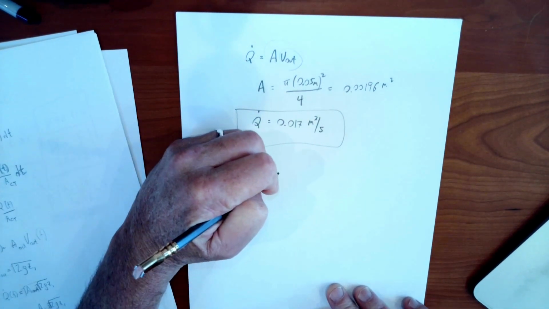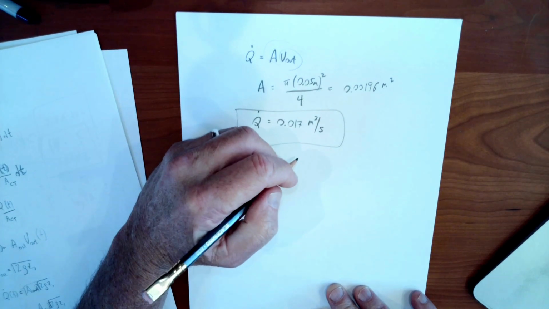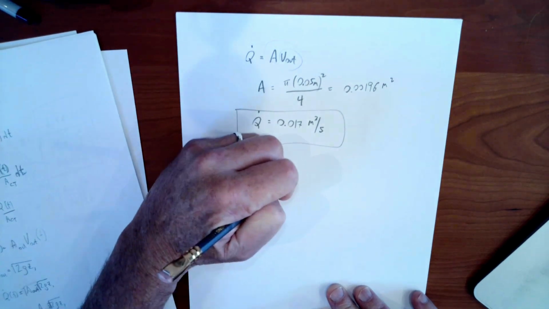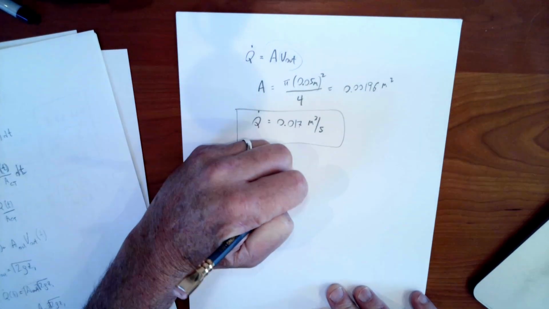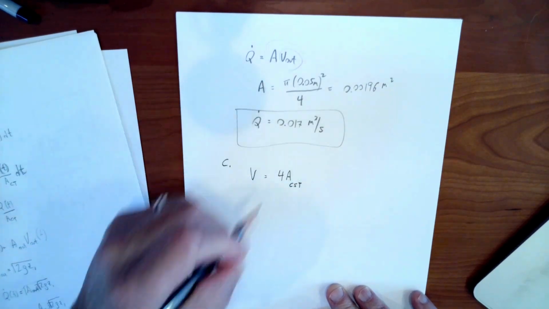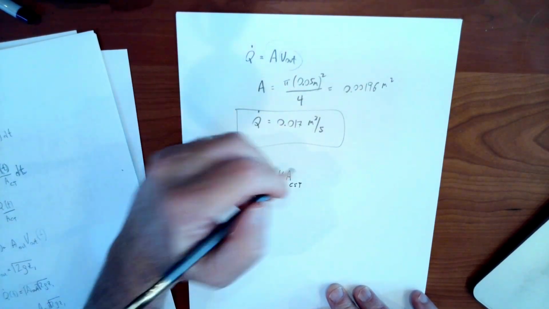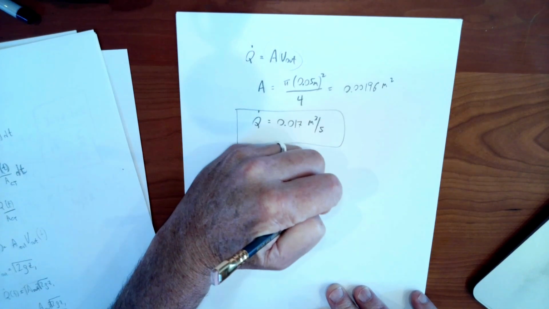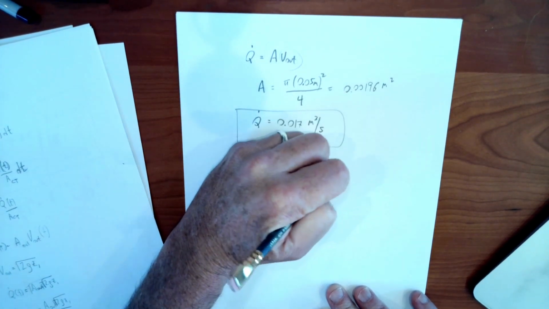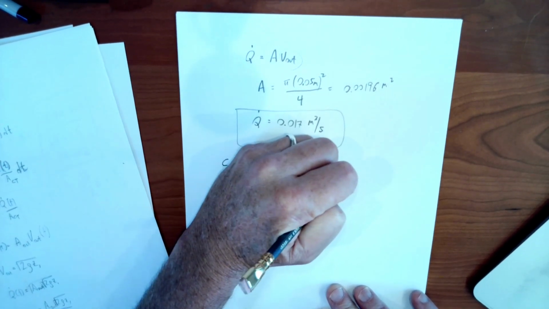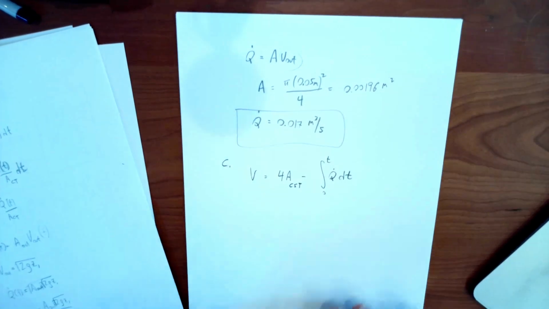So the volume that's left is going to be 4 times the cross-sectional area of the tank, which I'll call CST, cross-section tank, minus the integral from 0 to some time of Q dot, which is a function of time, dt. So that's a true statement.